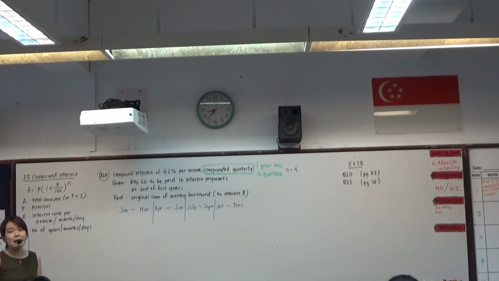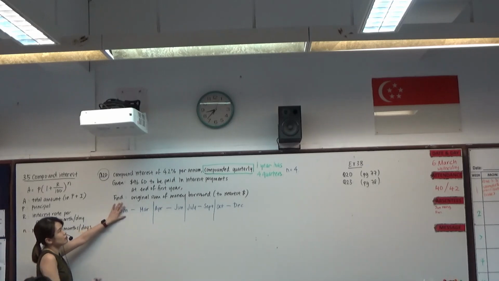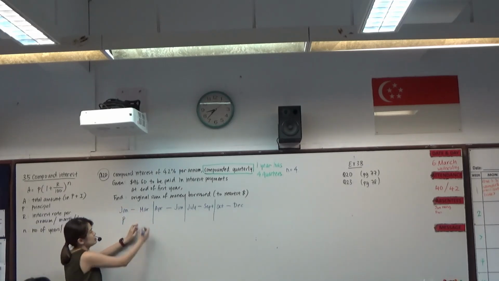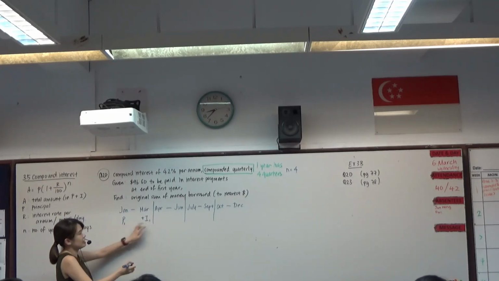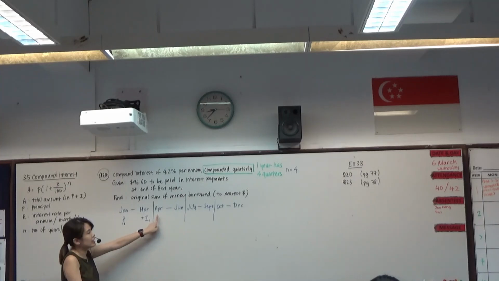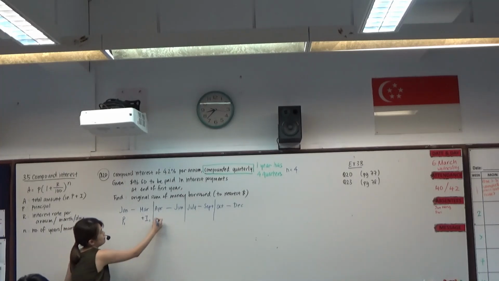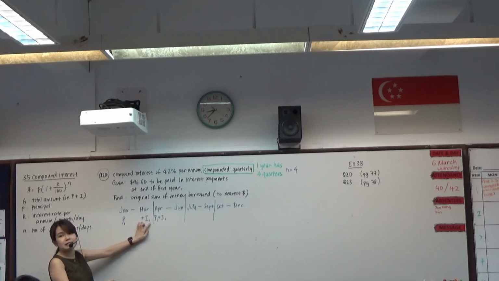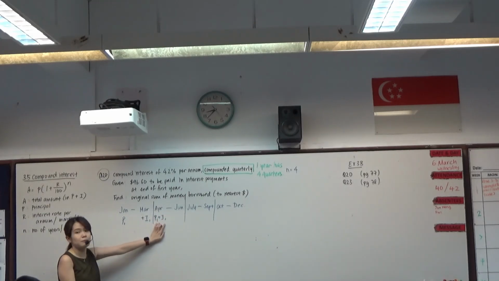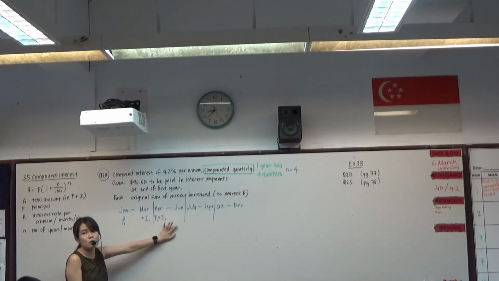So to compound quarterly means that in January you have a certain principal amount placed in. At the end of March, you get a certain interest. So principal 1 and then interest 1. Then at April itself, you're starting off with the new principal, which is principal 1 plus interest 1. So this is your principal amount for the second quarter.